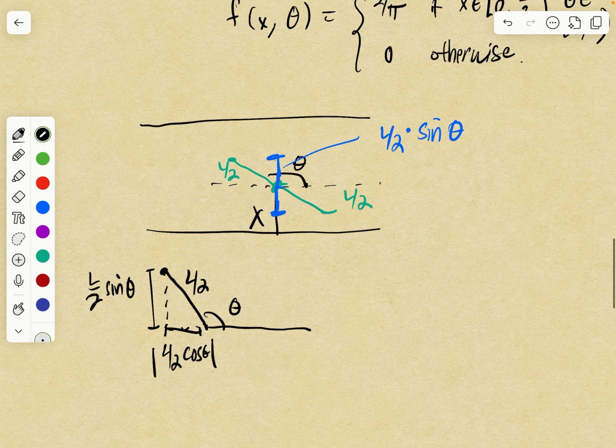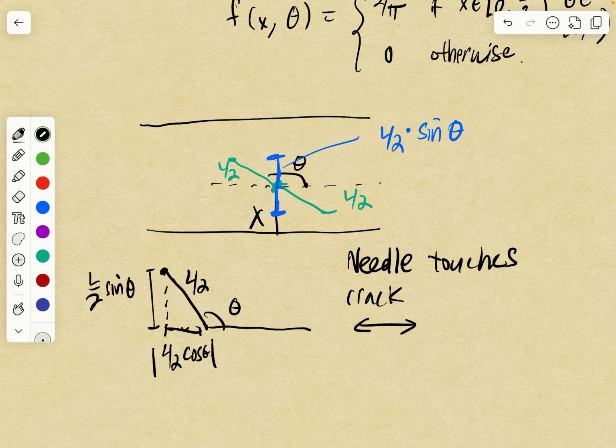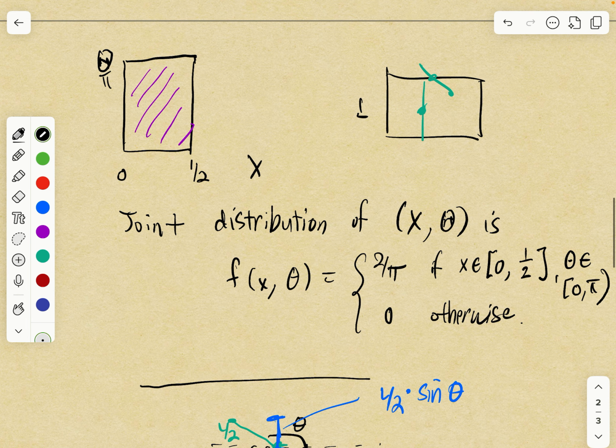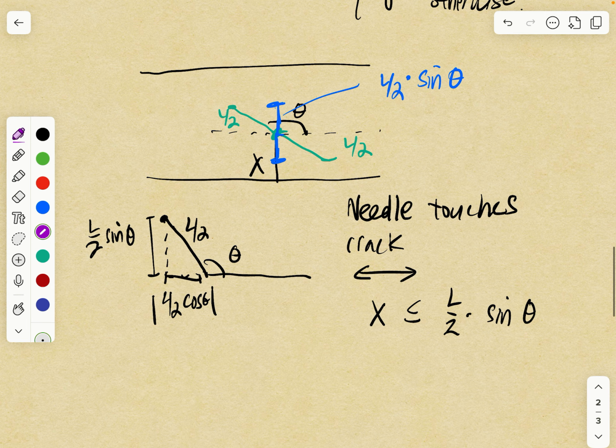So the needle touches the crack precisely when x is less than or equal to L over 2 times sine of theta. So in this region of possible outcomes, you want to see where x is less than or equal to L over 2 sine theta.